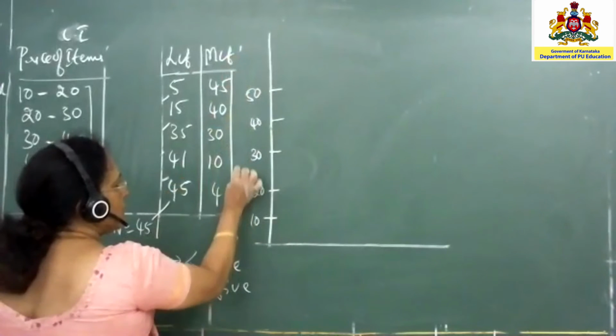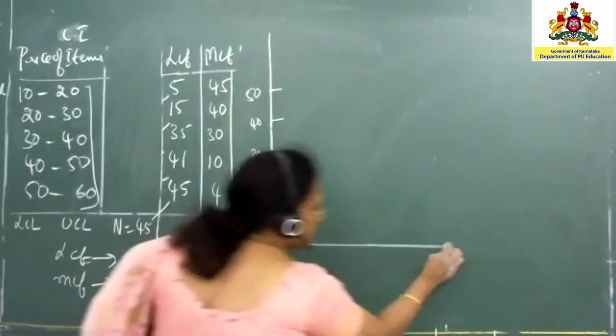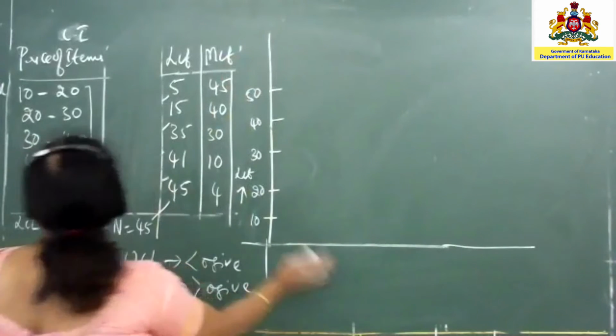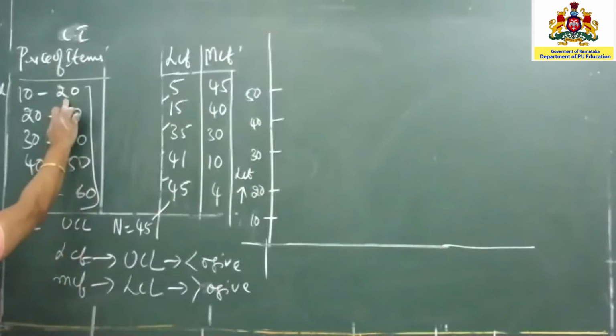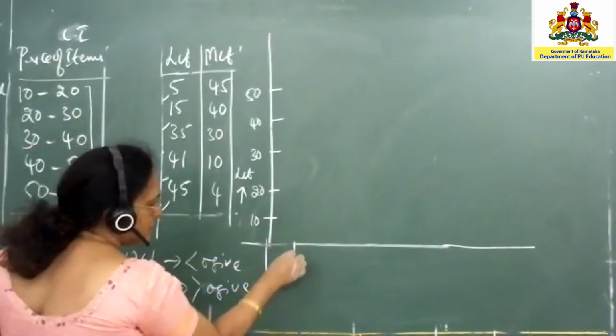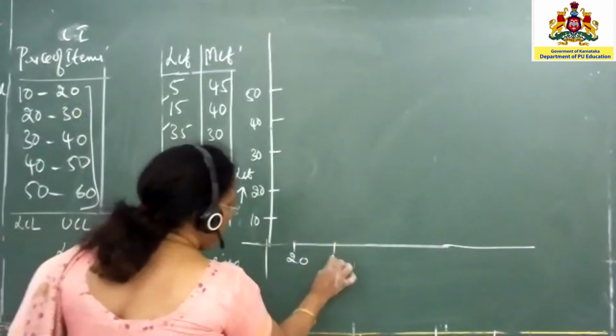Now what are these values? So these are our LCF. Opposite. This is L means less. So this is maximum. So you have to take the upper values. Okay. So first number is 20. Now next one 30.